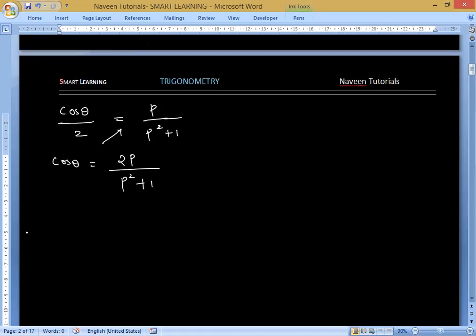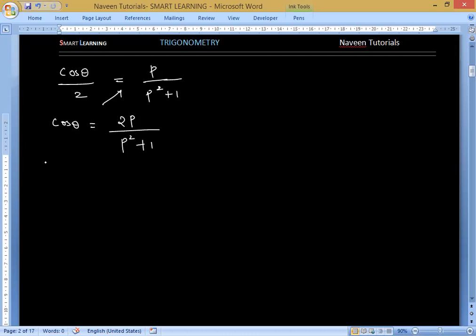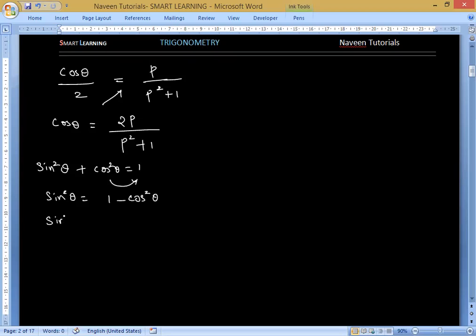So I got the value of cos theta. I use the first identity, sin square theta plus cos square theta equal to 1. If I move cos outside, then sin square theta is equal to 1 minus cos square theta, right? So sin square theta is equal to 1 minus, what is cos theta value? 2p by (p square plus 1), whole square.